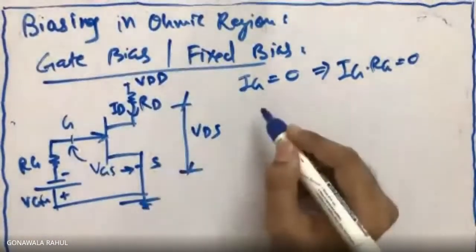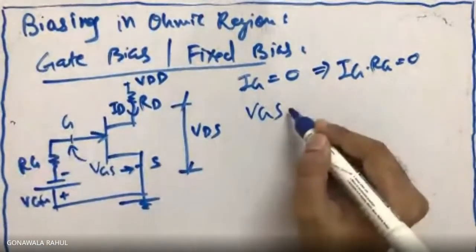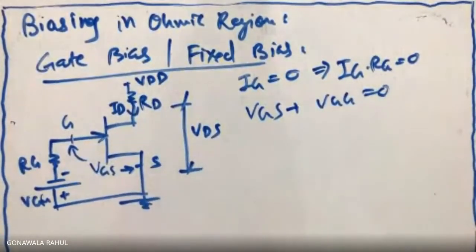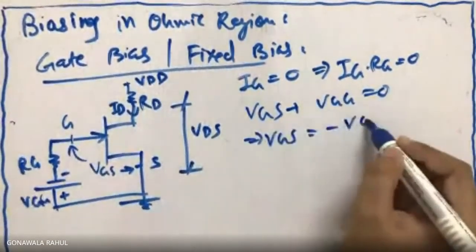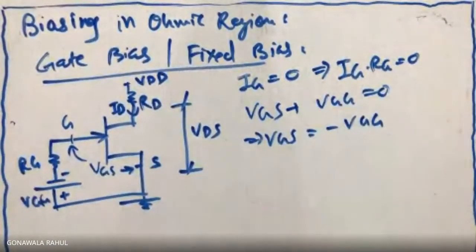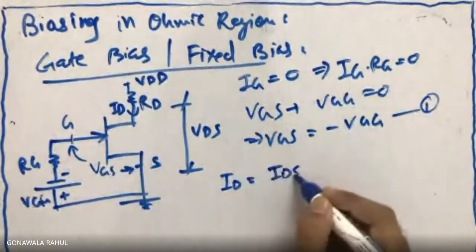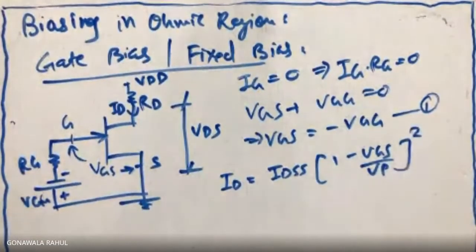At the input side, applying KVL, VGS plus VGG is equal to 0, and hence VGS will be negative VGG. Put this as equation number 1. Now, as we know, the expression of current is ID equal to IDSS times (1 minus VGS upon VP) whole square.